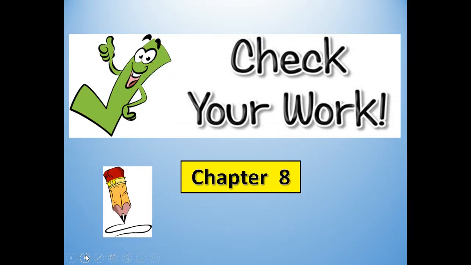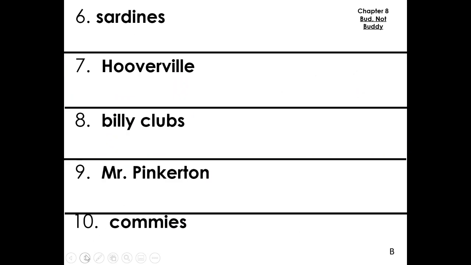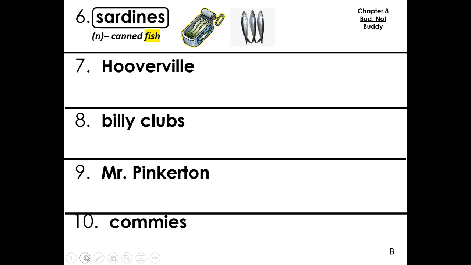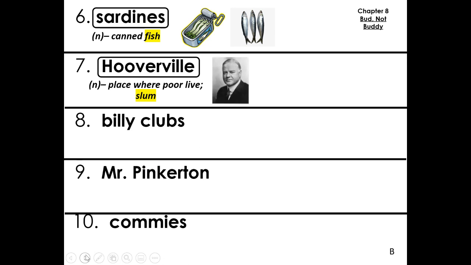All right, so let's check your work for chapter 8, words 6 to 10. Number 6 was sardines, and I highlighted the word fish, canned fish. Number 7 is Hooverville, a place where poor live, a slum named after President Herbert Hoover.